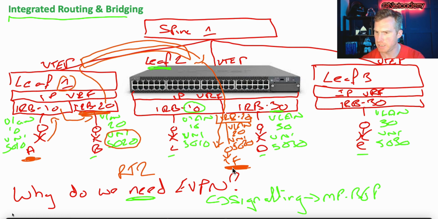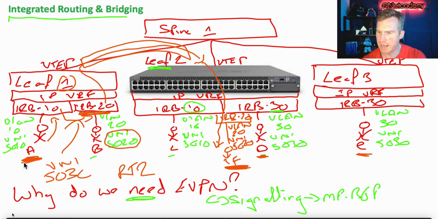But what happens if user A wanted to communicate to user D or user E? At that point, this is where the asymmetric routing model fails, because we do not have VNI 5030 configured on leaf 1. It is on leaf 2, but user A is on leaf 1.